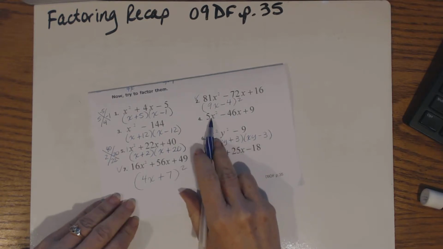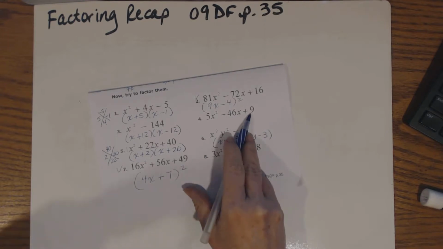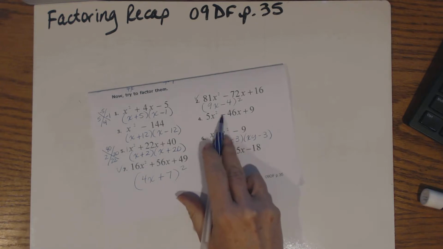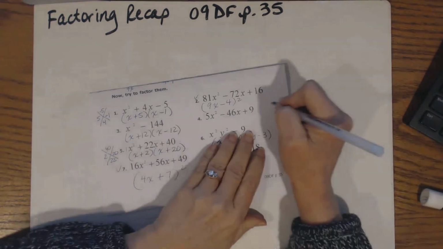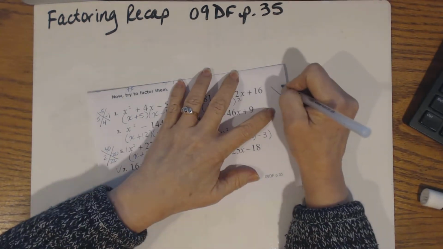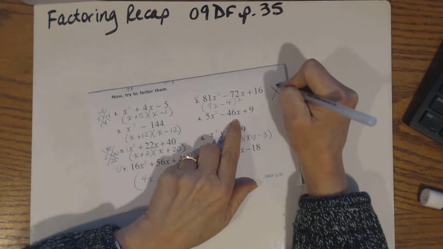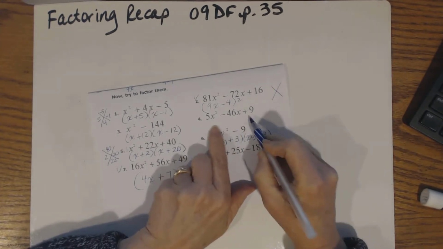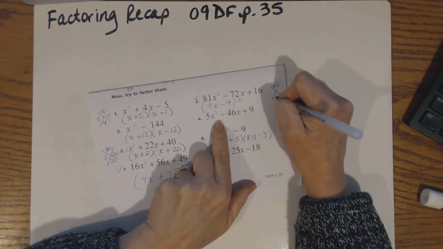Again, I could try doing some guessing and checking for this one. 5x squared can only be made by a 5x times an x. 9, though, can be done either 3 times 3 or 9 times 1. And I do have a negative here, so I'm going to use the box. 9 times 5 is 45, and I get negative 46.